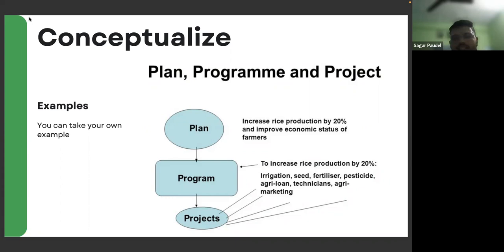In order to increase rice production, we need to increase water use efficiency, use very good quality seed, and use very high quality fertilizer. So this combination of individual projects can make the program. Maybe you can take an example of your own while designing the plan, program, and project.